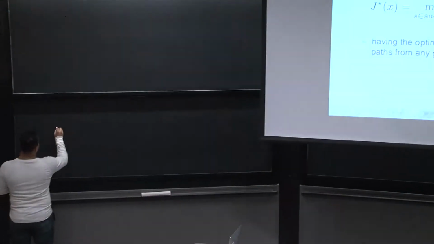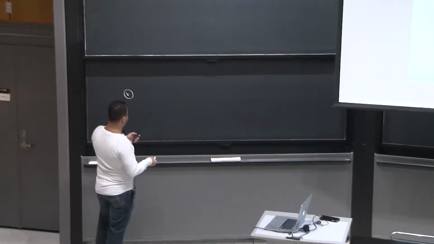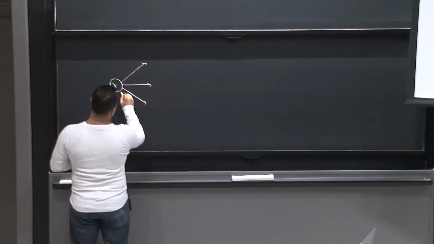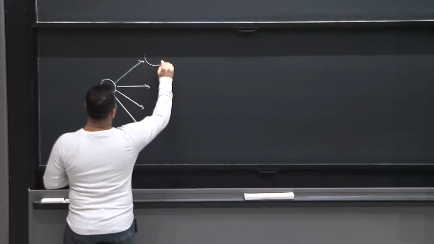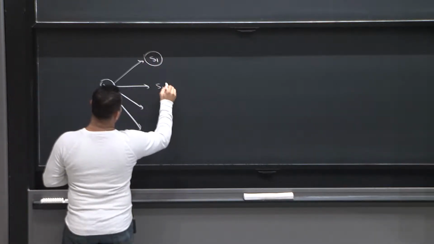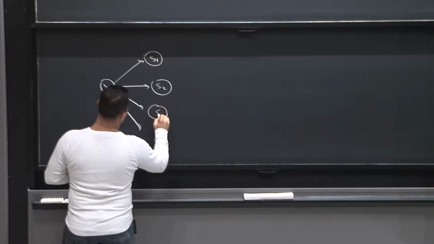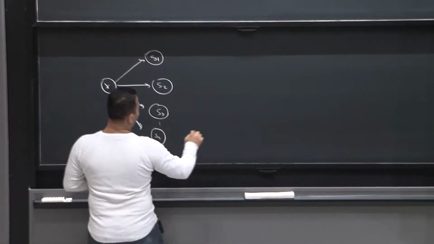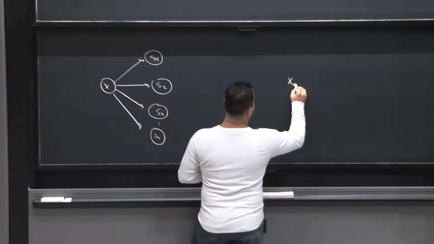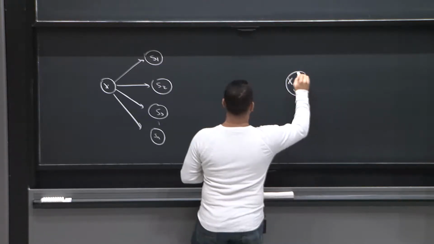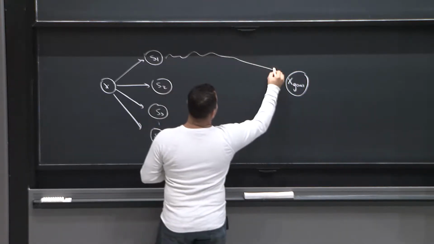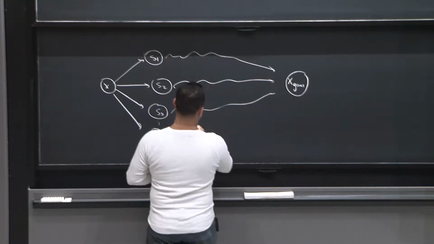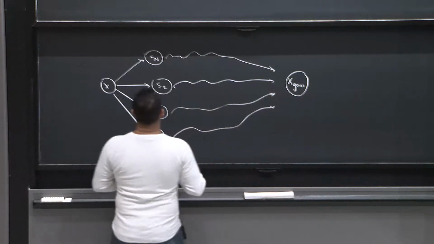Let's say you are at node x, and in your graph you have some successor nodes, and this is your goal. These nodes are connected with some optimal path, but you don't know it.